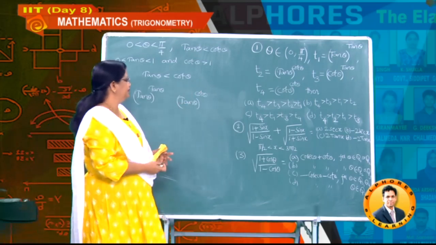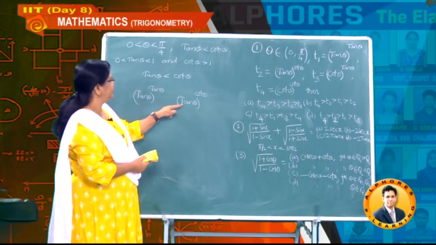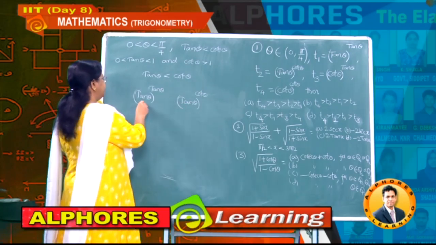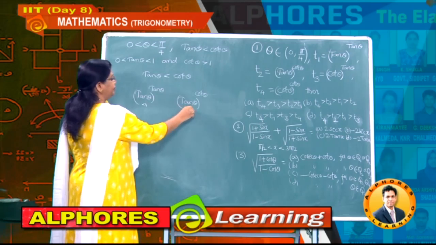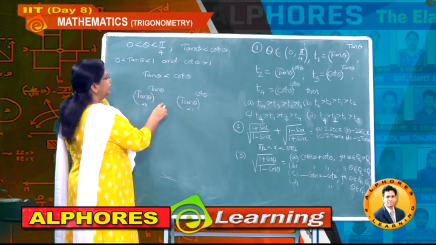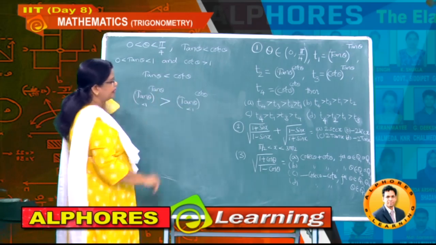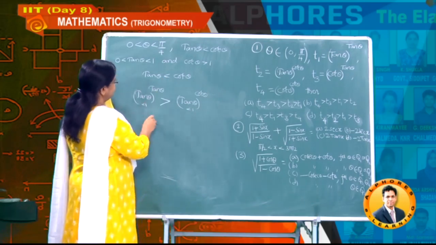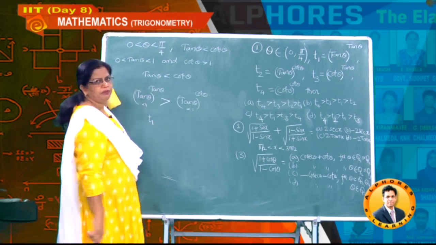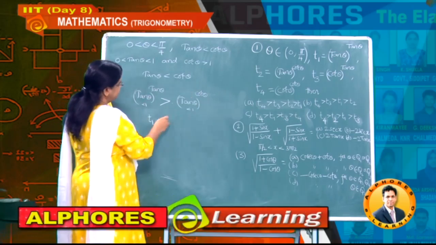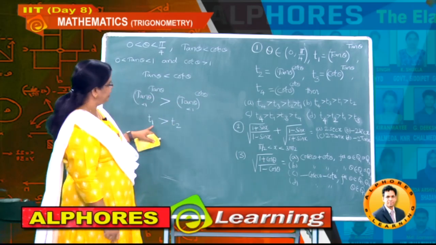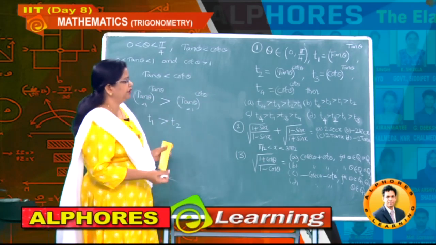After writing in this way, observe which base we have taken. This is a base which is positive but less than 1. Now this inequality immediately changes. Less than you have to change as greater than. So tan power tan means what is this value? T1, and tan to the power of cot means what is this value? Greater than T2. Therefore you got T1 is greater than T2.